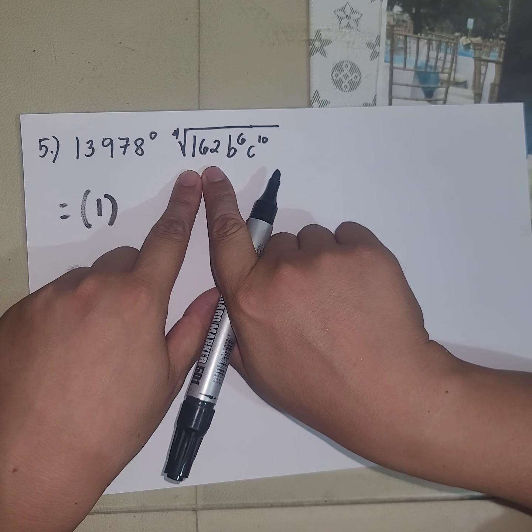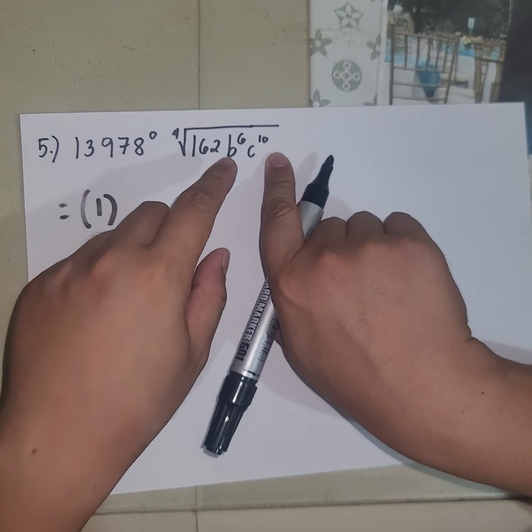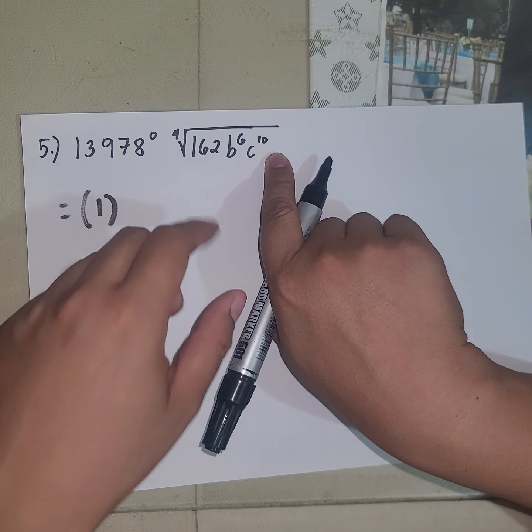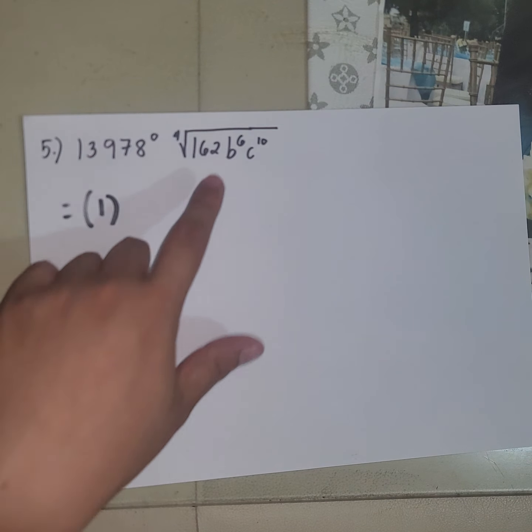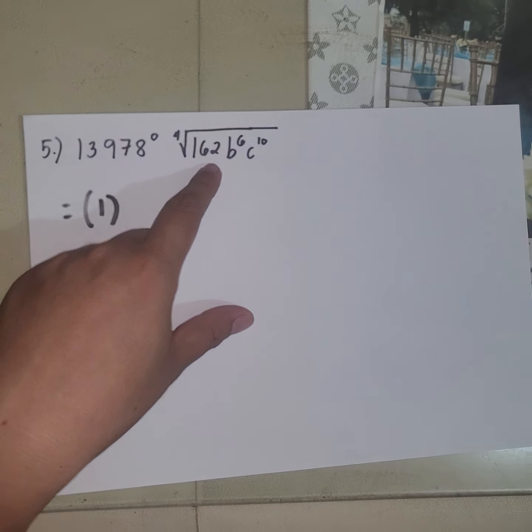Fourth root of 162, B raised to 6, C raised to 10. Tandaan, 162 is not a perfect fourth power number. So, iisip ka ng factor ng 162, dapat yung isa number ay perfect fourth power na number.